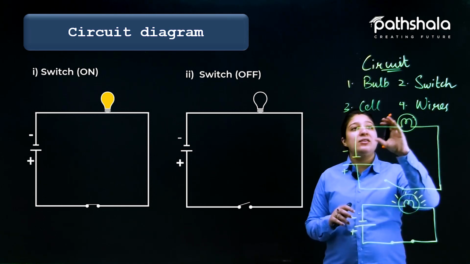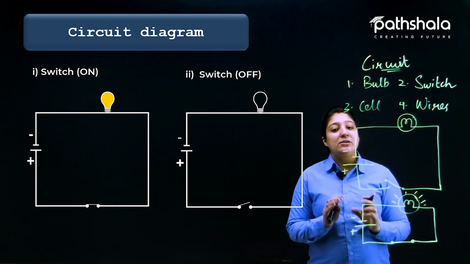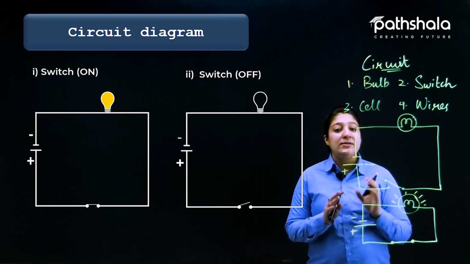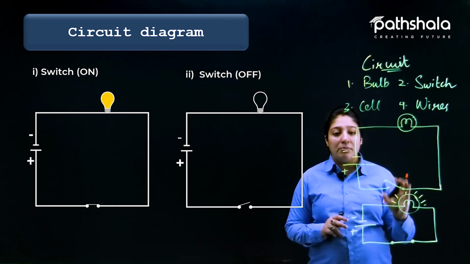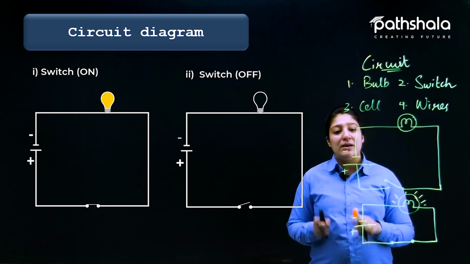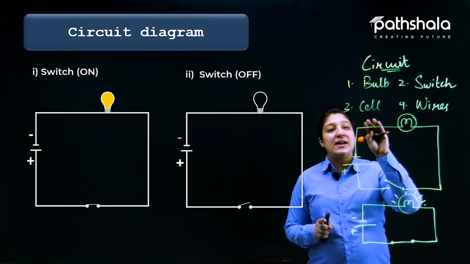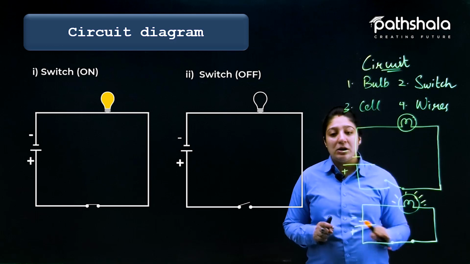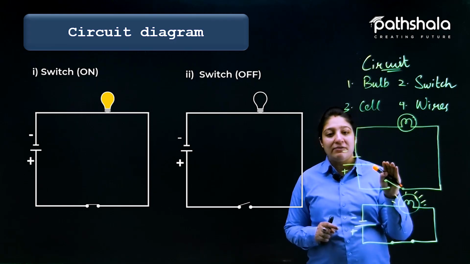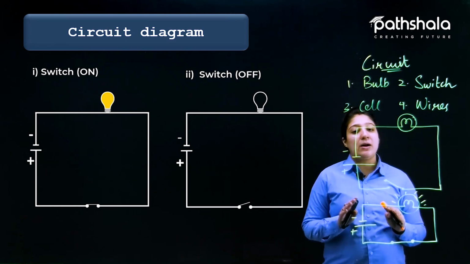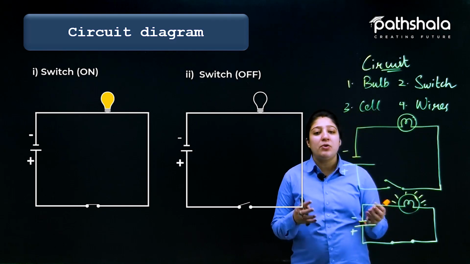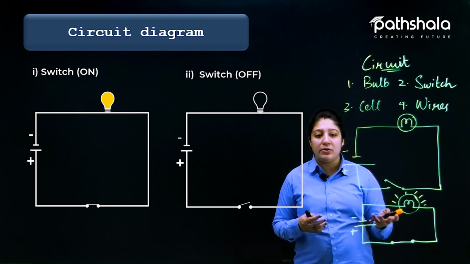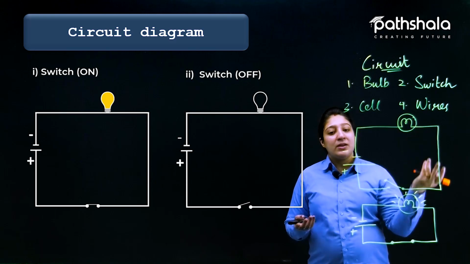So whatever different things are given to you, just study carefully what the different components are, and then only make the diagrams. If a cell is not given, then you cannot complete the circuit. If a bulb is not given, then also you cannot complete the circuit, because in that case you won't be able to see if electricity is flowing or not, right? Switches, that depends.